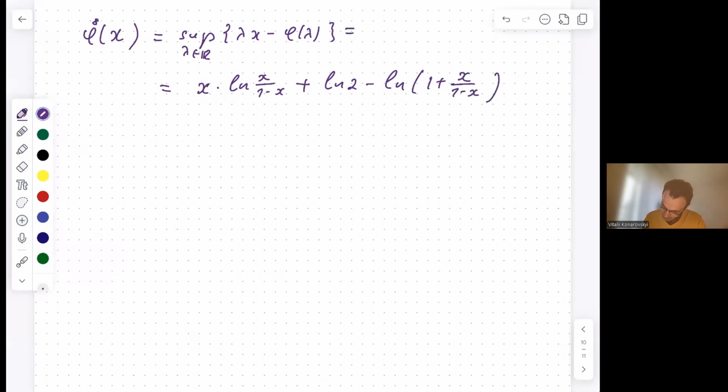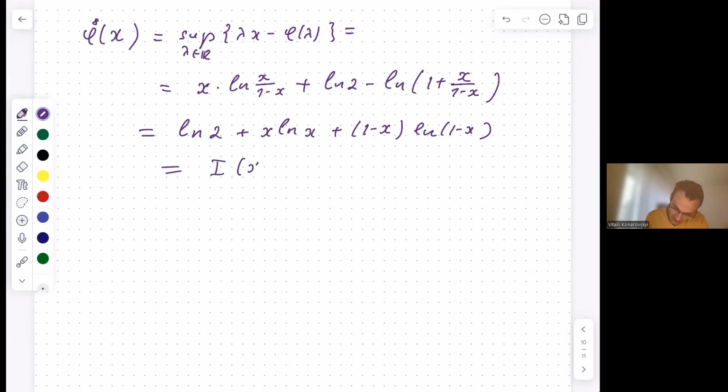I would like to avoid continuing the computations here. You will have logarithm x over 1 minus x. And you remember from the previous lecture, it is exactly the function e of x, which we introduced for p equal to 1 over 2.